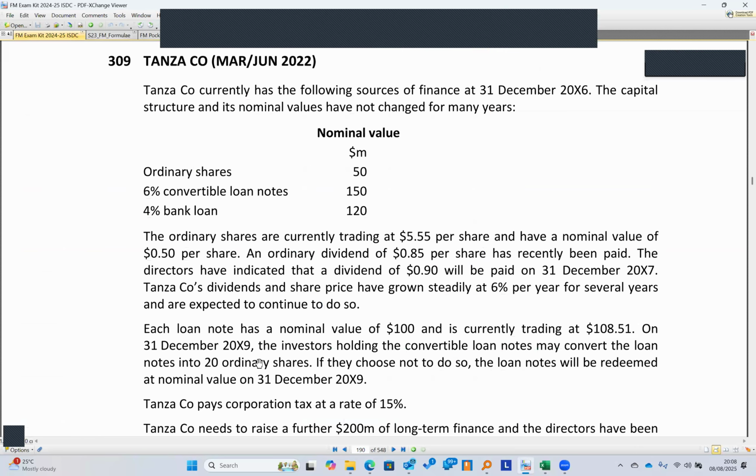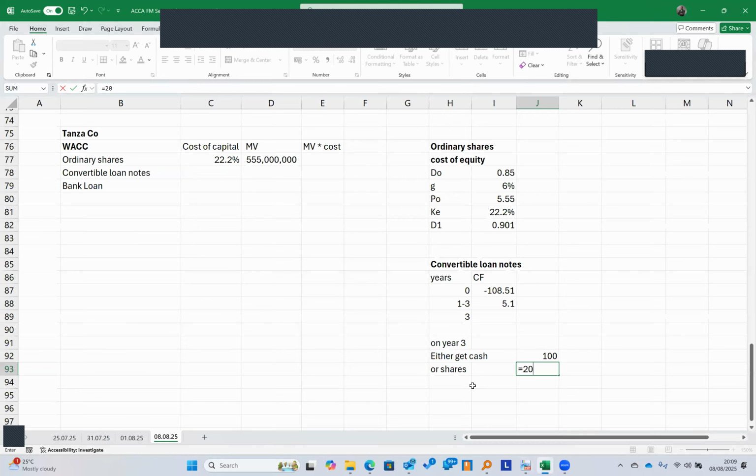Okay? Now, those 20 shares, what will be the share price in 3 years' time, right? So right now the share price, they're saying that both the dividend and the share price have been growing at 6%. So we are going to get the share price of 5.55, but we grow it by 6%, but for 3 years.